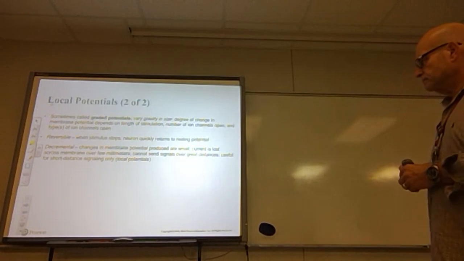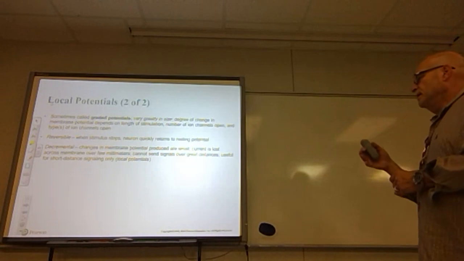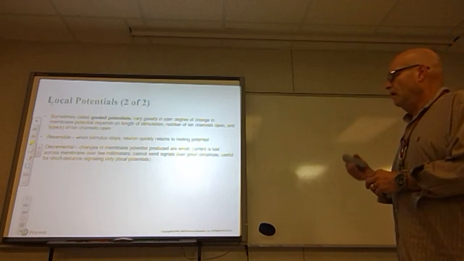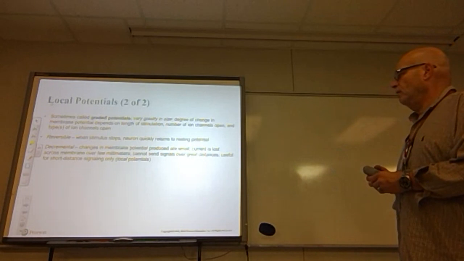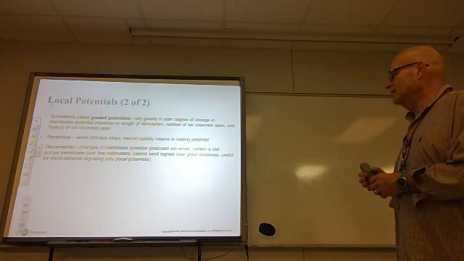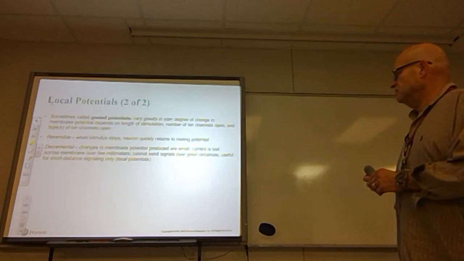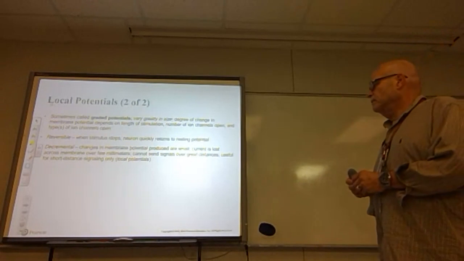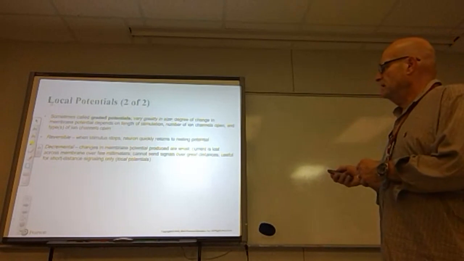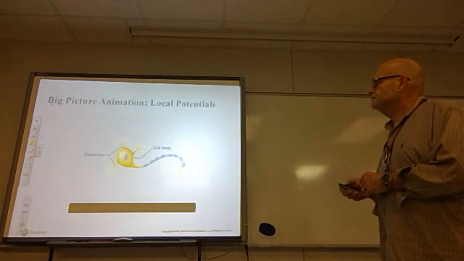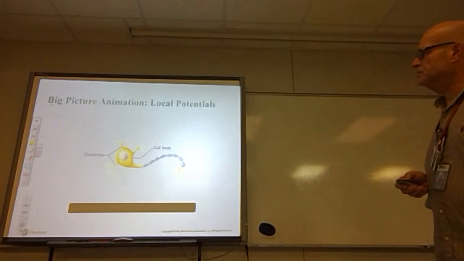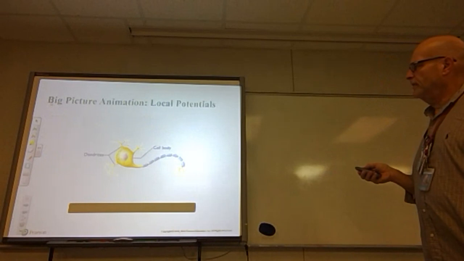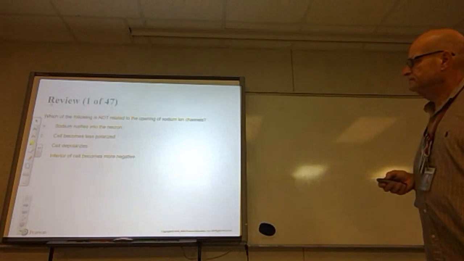They can be decremental, which means that as changes in the membrane potential are small, the current is lost across the membrane over a few millimeters, so they cannot send signals over great distances. Again, these are useful for short-term signaling only. Again, there's a big picture animation of local potentials on the nerve axons.